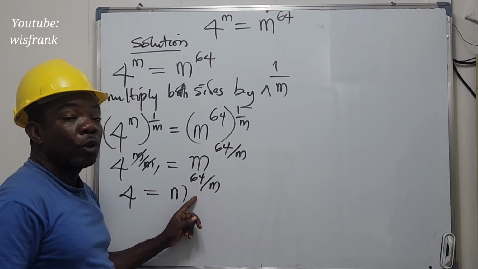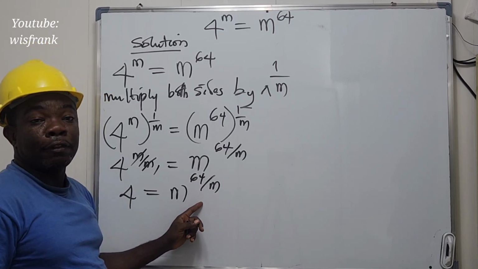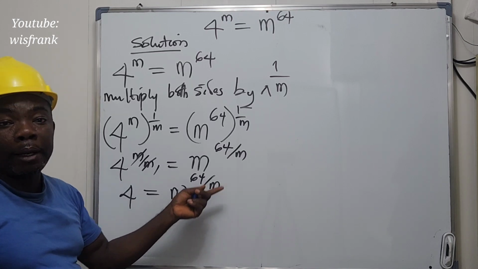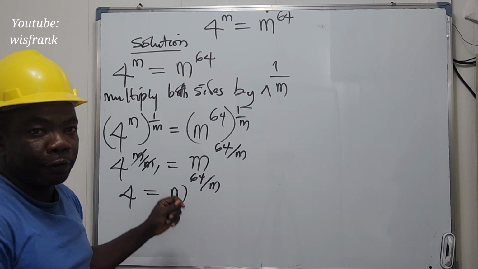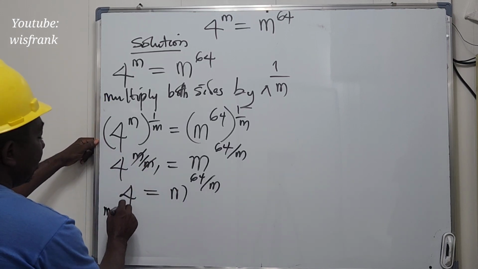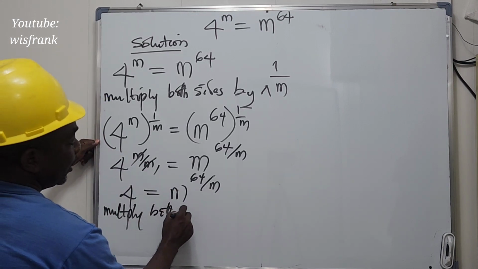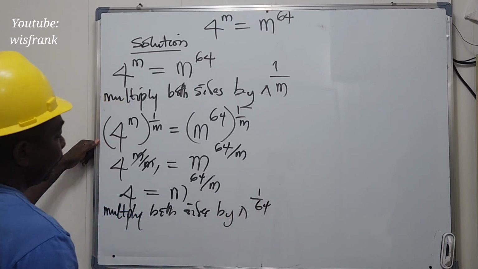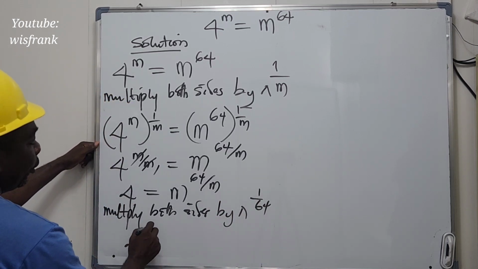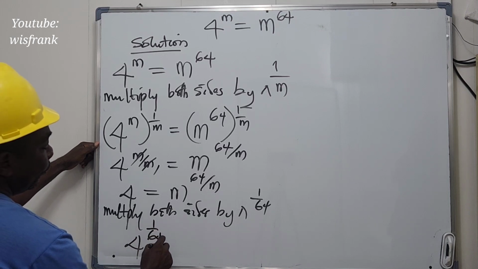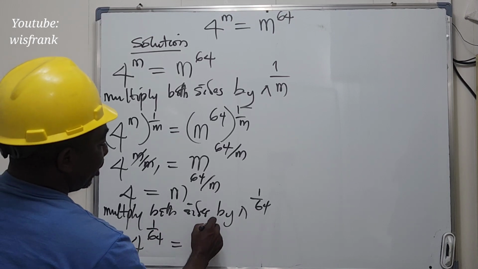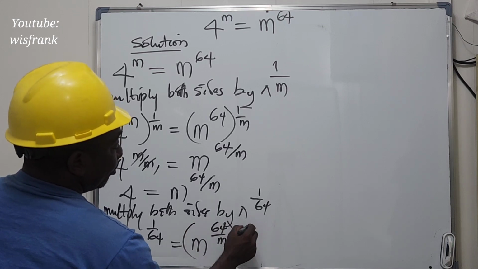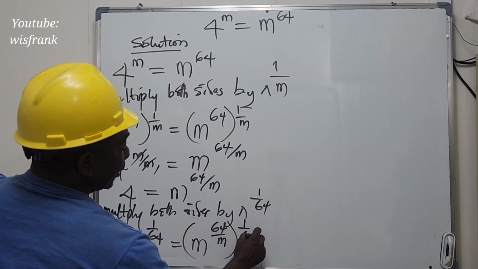So here, to do away with this 64, what we are going to do is multiply both sides by the power of 1 over 64. So we'll say multiply both sides by the power of 1 over 64. So this will become 4 to the power of 1 over 64 equals m to the power of 64 all over m, all to the power of 1 over 64.